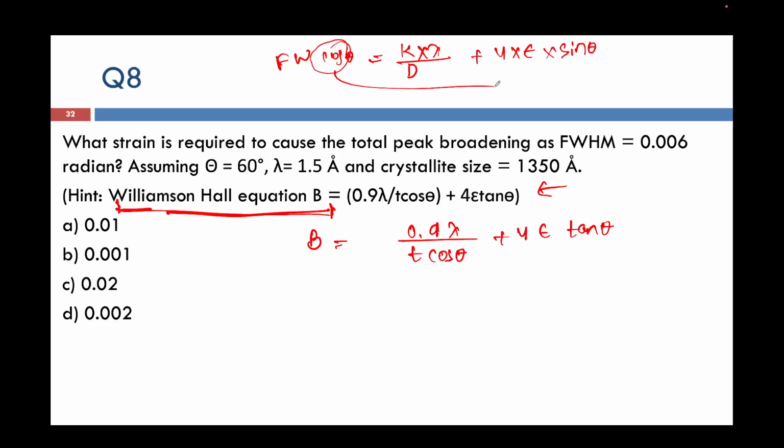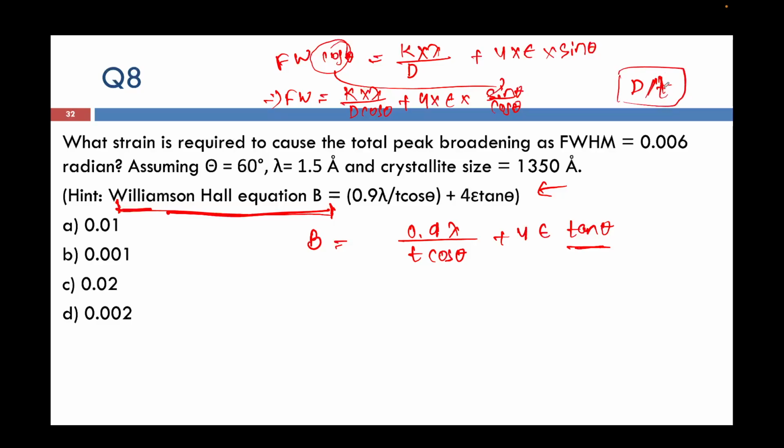If you put this cos theta down, it will be Fw is equal to K into lambda by D cos theta, plus 4 into epsilon into sine theta by cos theta, which gives us tan theta. This has been written here. So here D or T, both are the same.